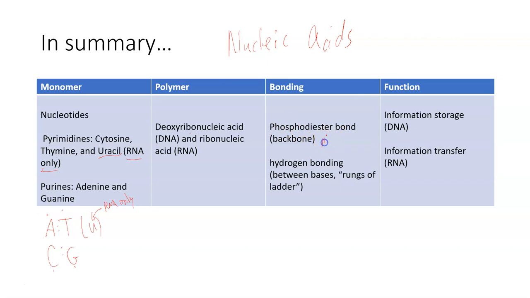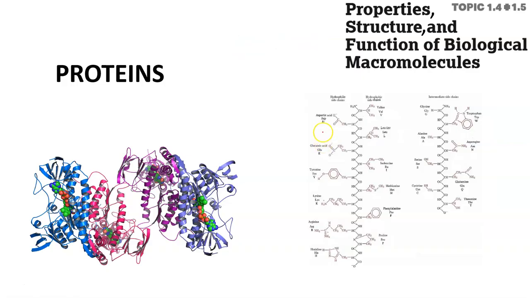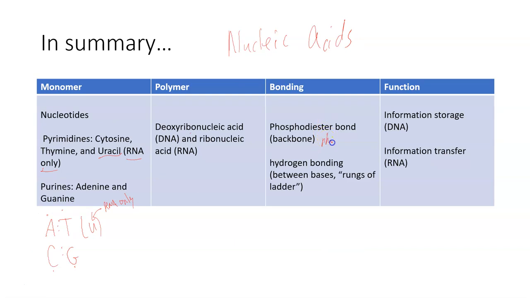Remember, this is between that phosphate group and the hydroxyl on the sugar phosphate backbone. And you have hydrogen bonding between the bases. These are kind of the rungs of the ladder for DNA. We talk mostly about DNA today, but that's because RNA is at a much lower stage. We're going to talk about that one day.